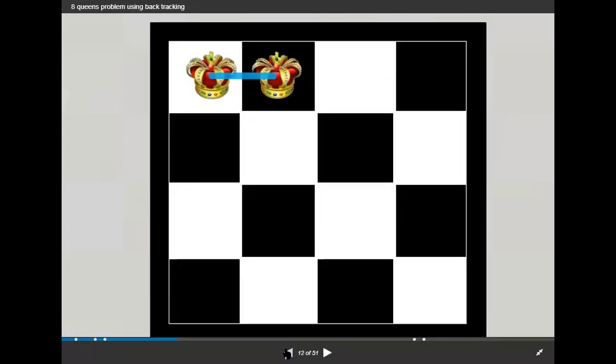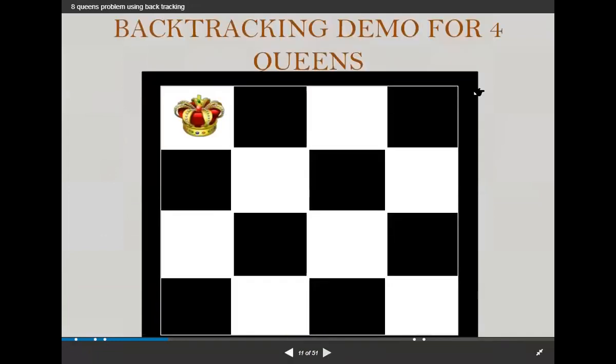Here how we placed, just see the diagram, then you can understand. This is our solving the four queens problem.